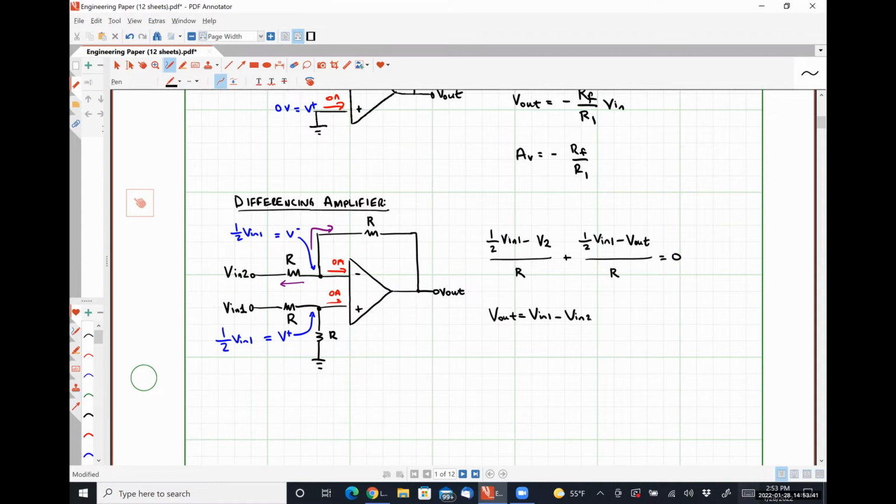So that's an interesting question. Voltage gain, by definition, is the ratio of the output voltage to the input voltage. Well, in this case, there are two input voltages. So we have a specific voltage gain for each of the inputs, actually.